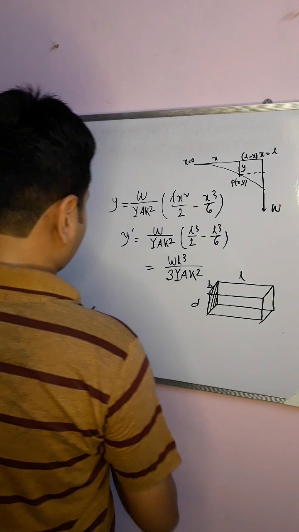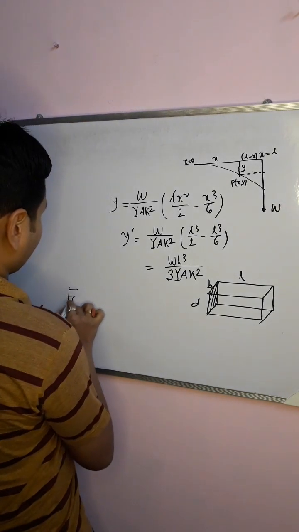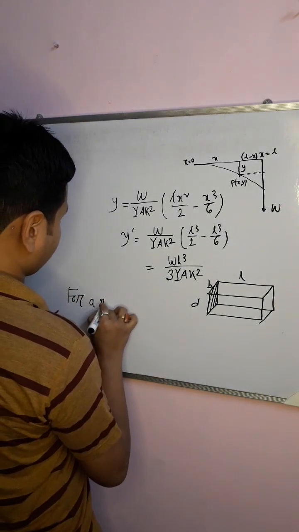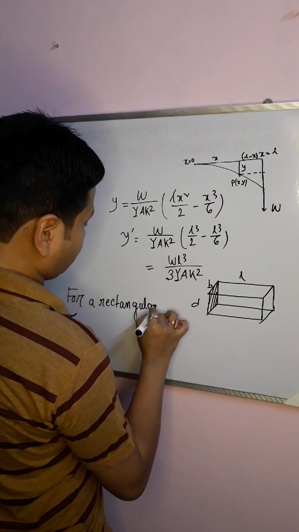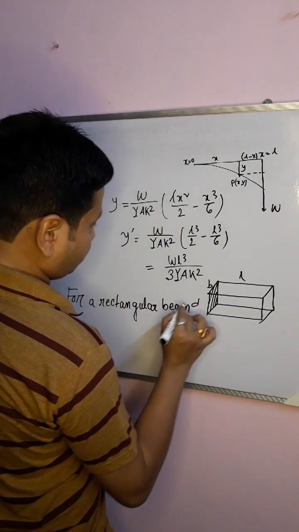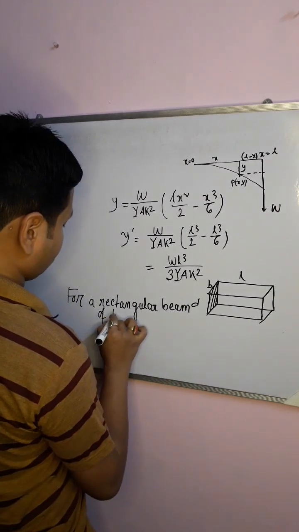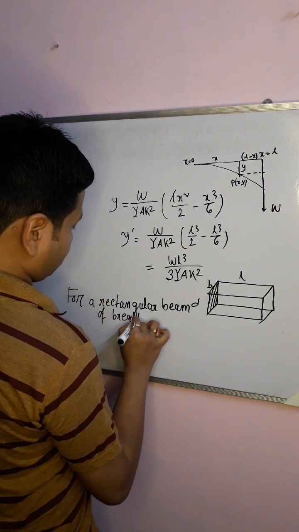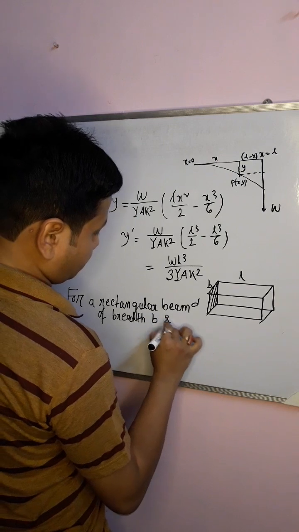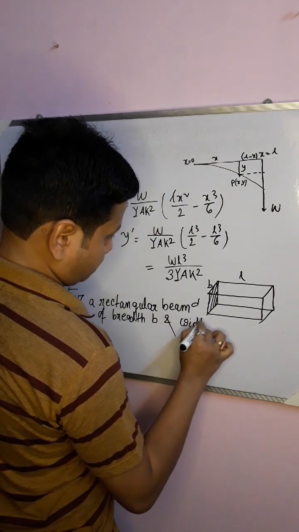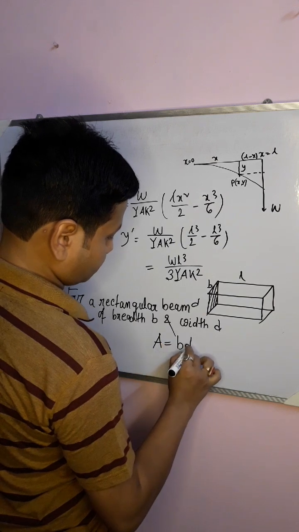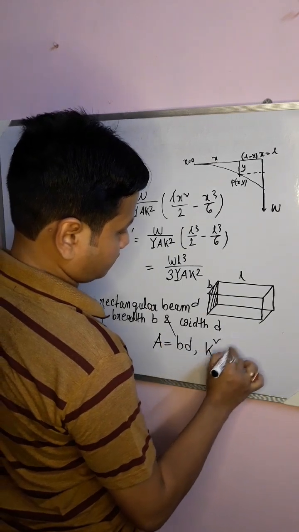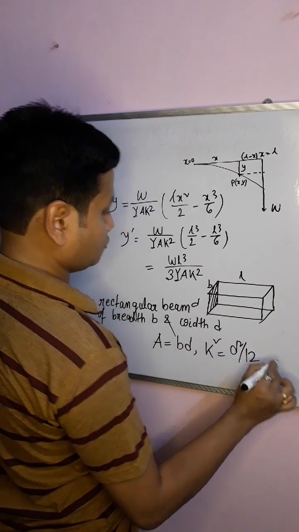For a rectangular beam of breadth B and width D, A is BD and k square is D square by 12.